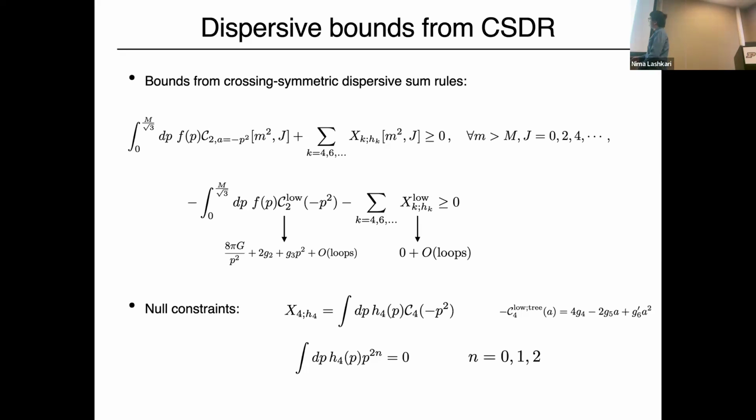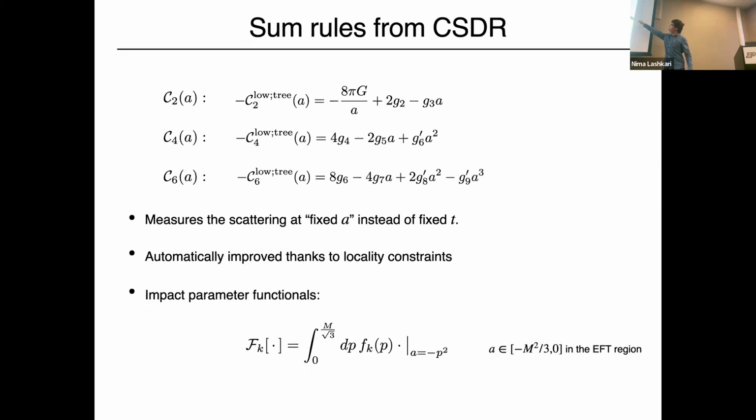There's another thing that you can add, which is called the null constraints, which again follows from crossing symmetry. Remember that here we're using this C2 sum rule, the leading sum rule, but you can also add in the higher ones.